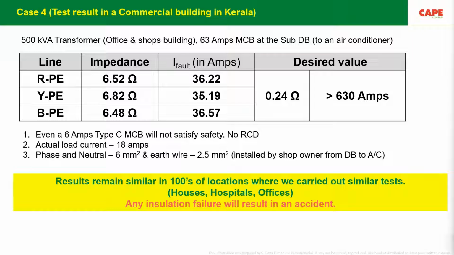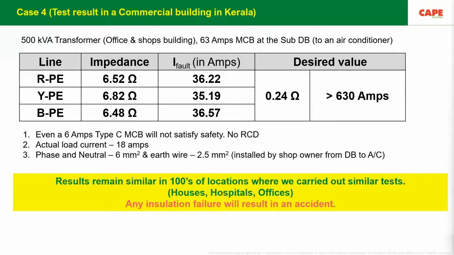The second part: neither the electricity supply company nor the electrical inspectorate has any kind of guideline to tell every owner that you should do this test. This is missing. Please remember that this test was included in IS 732 in 1989.